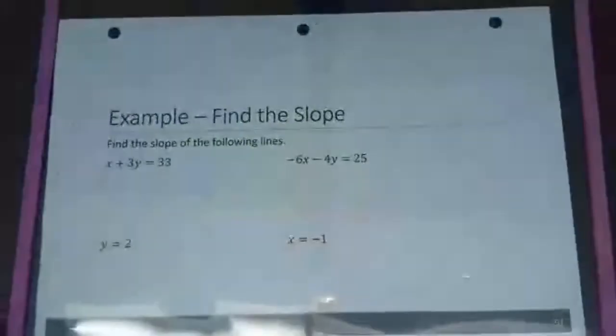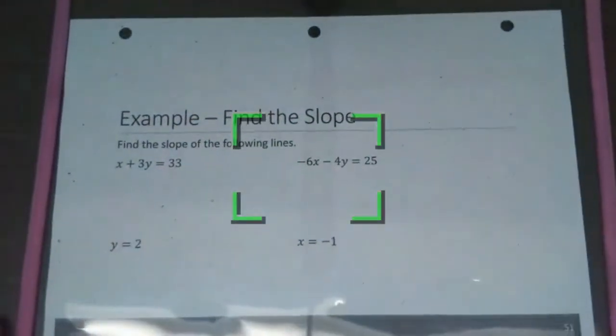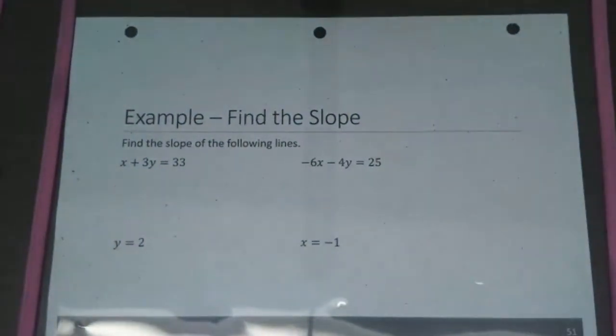Keeping in mind our slope-intercept form, we're going to take a look at these equations and see if we can find the slope of the lines. Slope-intercept form is y equals mx plus b. So if I want to know the slopes of these lines, I'm going to have to get y by itself.